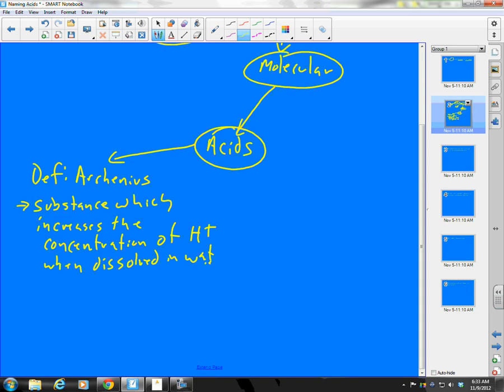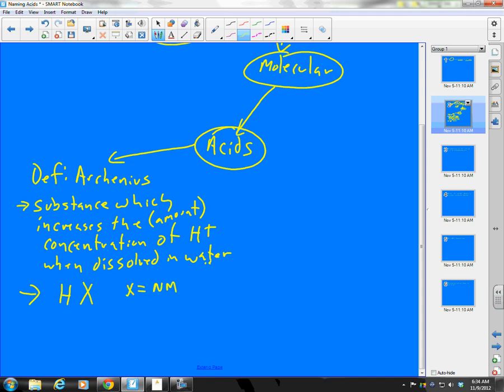And we don't know really what concentration is, but just think about it as this. It's a substance which increases the amount of H plus. So we can put in, instead of concentration, amount for the time being until we learn concentration. A substance which increases the amount of H plus when dissolved in water. And the general form for this is going to be H and then X, where X is a nonmetal.